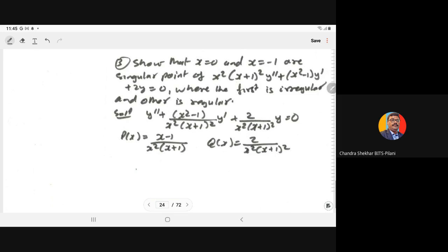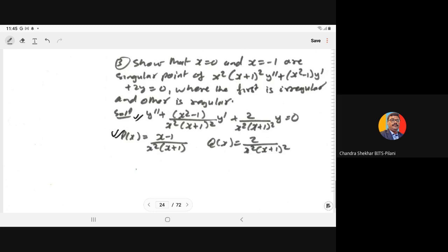If you write this equation in the standard form, we have y double dash plus (x square minus 1) upon x square (x plus 1) whole square y dash plus 2 upon x square (x plus 1) whole square y is equal to 0. From here, p(x) is equal to (x minus 1) upon x square (x plus 1) and q(x) is equal to 2 upon x square (x plus 1) whole square.